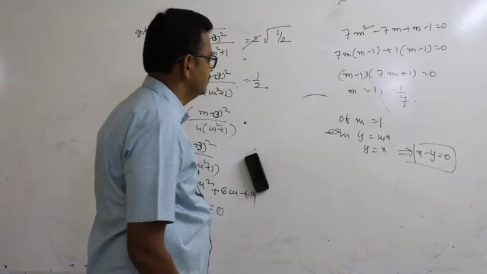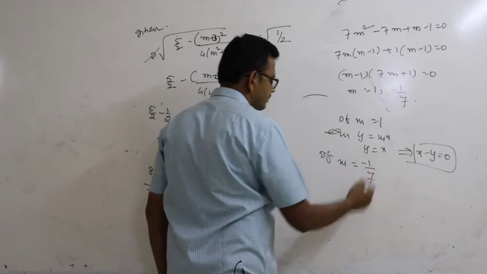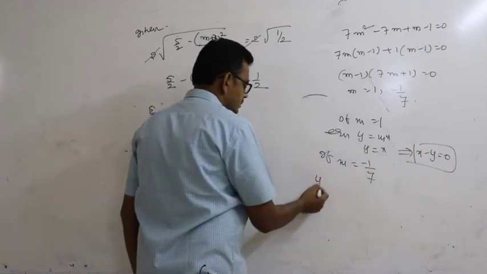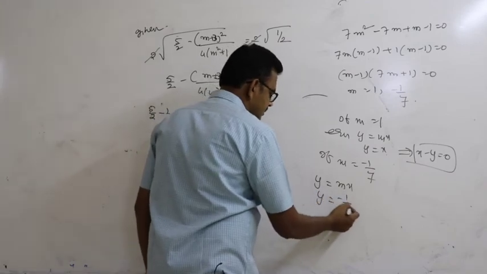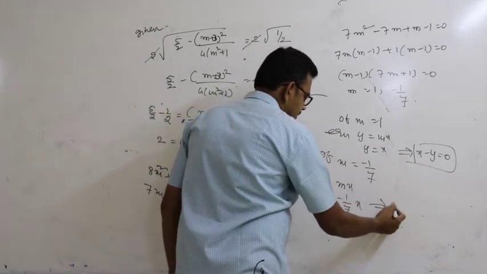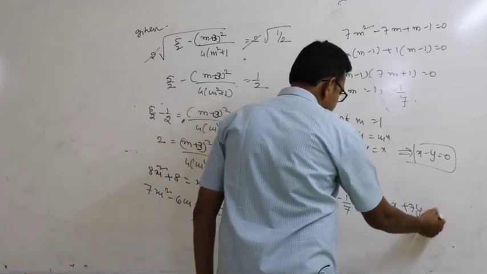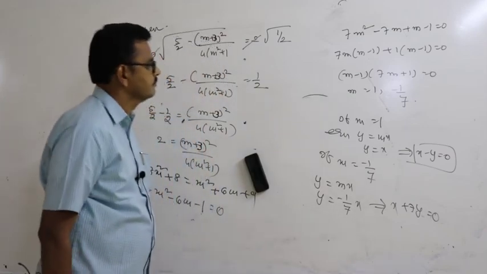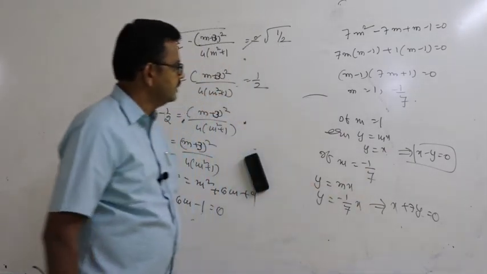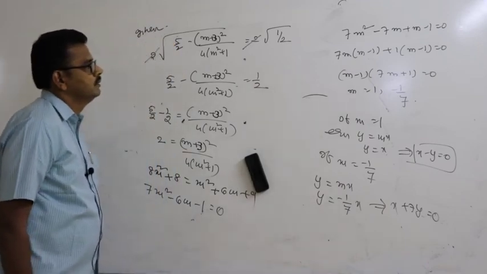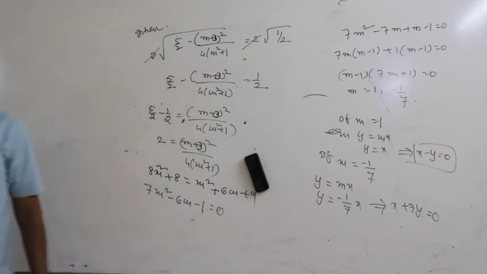If m is equal to minus 1 by 7, in the equation y equal to mx, y is equal to minus 1 by 7 into x, implies x plus 7y is equal to 0. So, I think two options are correct.